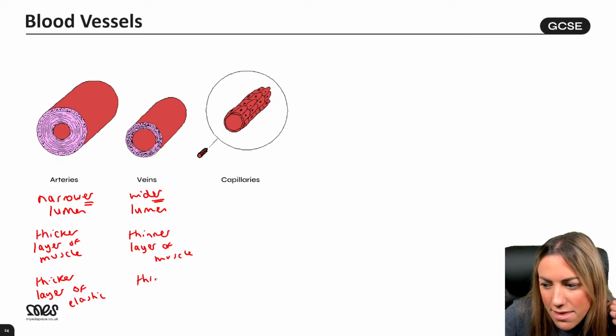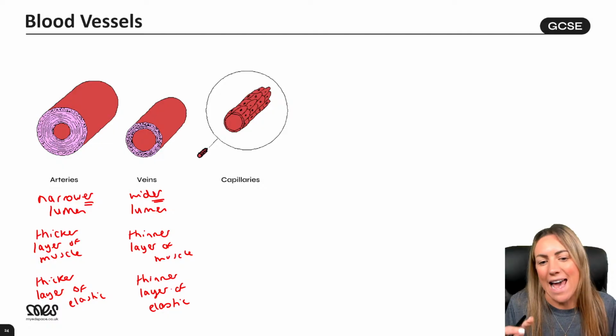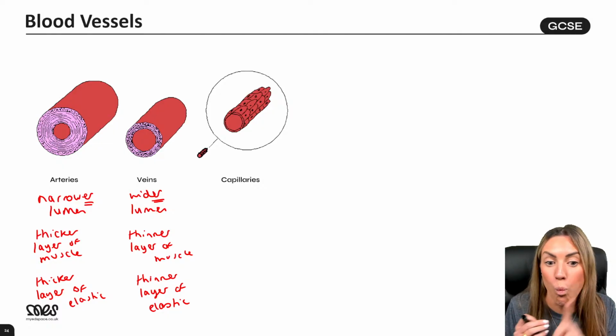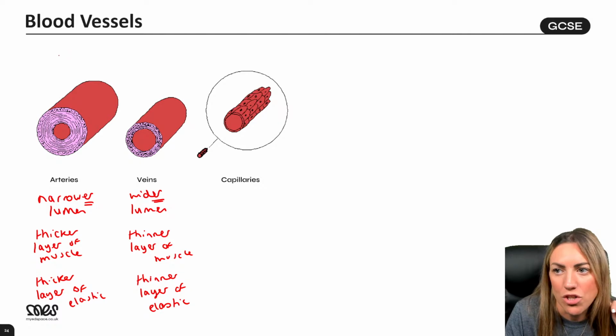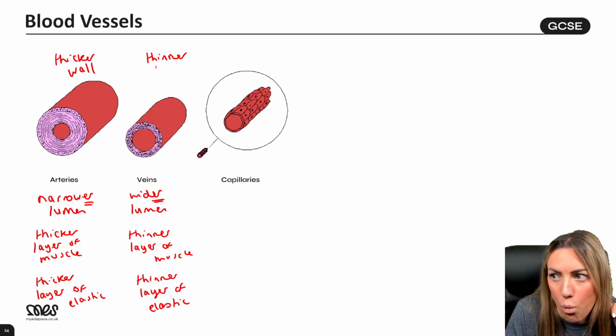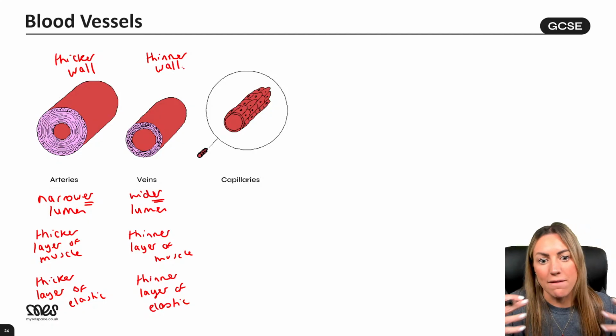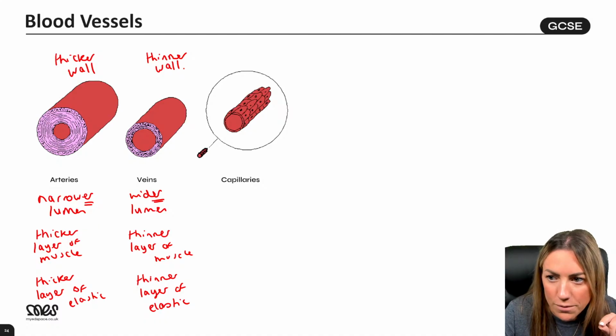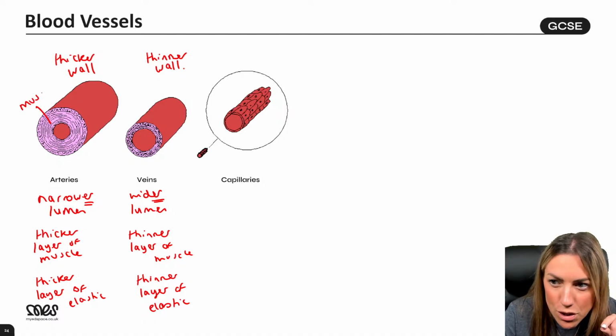Veins have a thinner layer of elastic. We can kind of see where this is going. If you forget to talk about the muscle and the elastic fibers, you can just say for 1 mark, arteries have a thicker wall and veins have a thinner wall. But if you're aiming for maximum marks, you should know that the wall is made of muscle and elastic.